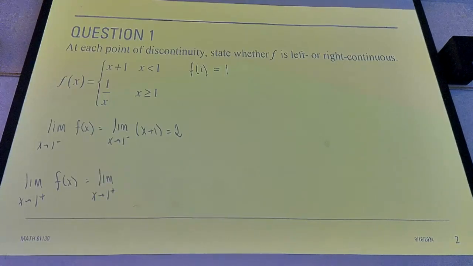Approaching 1 from the right, what piece do we use? 1 over x. What's that limit? 1. Does the limit exist? No. Which means we're discontinuous at 1.